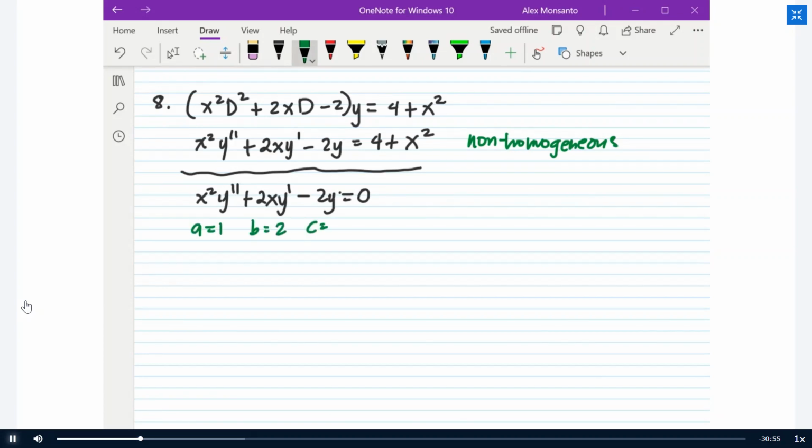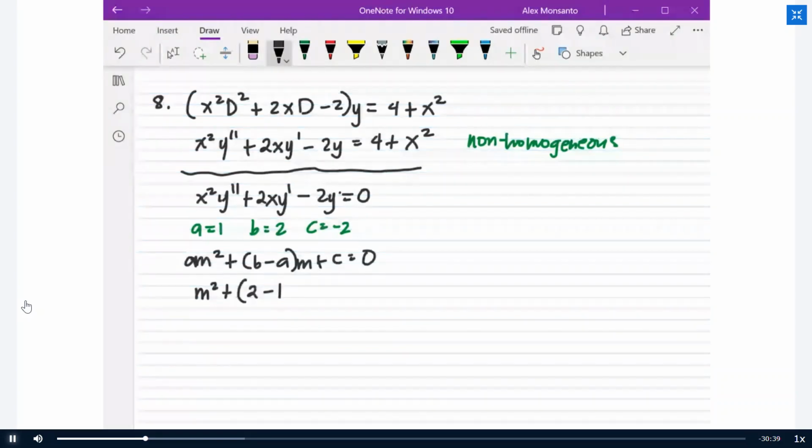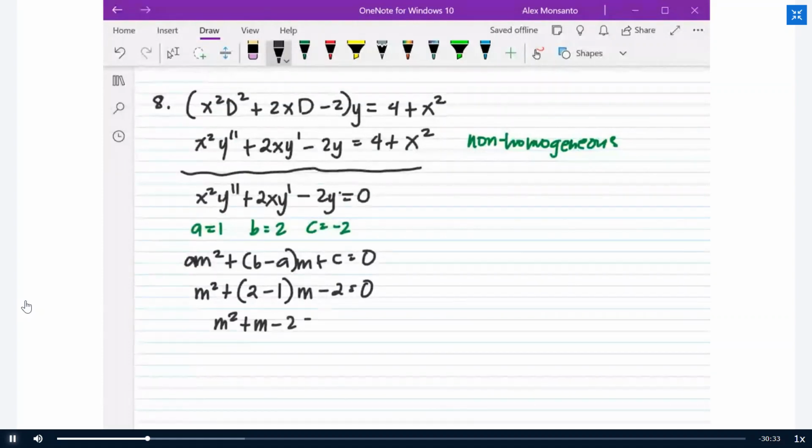Then, yung c is negative 2. So, ngayon, kapag tinranslate natin yan, according dun sa ating am squared plus b minus a tapos m plus c is equal to 0. So, dito you have m squared plus b, 2 minus 1 times m, then minus 2 is equal to 0. So, I can have m squared plus m minus 2 is equal to 0.